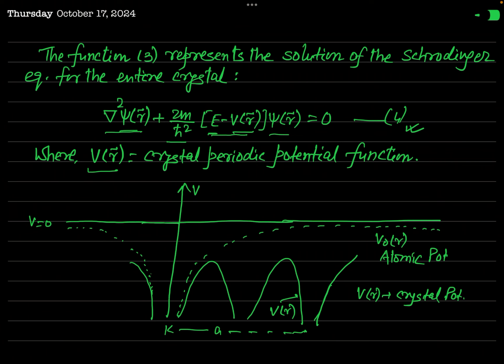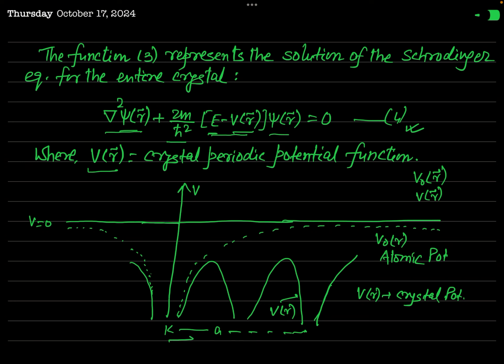How these two potential functions, V naught of r, which represents the atomic periodic potential, and V of r, which represents the crystal periodic potential, vary with distance r, you can now see.